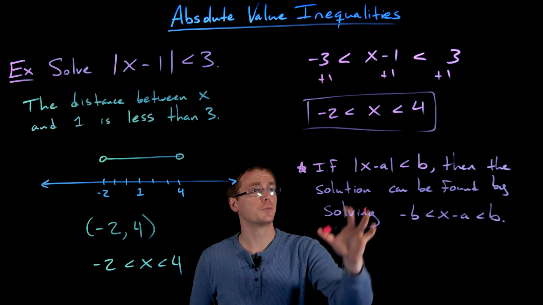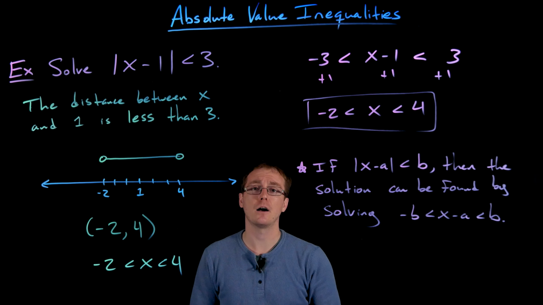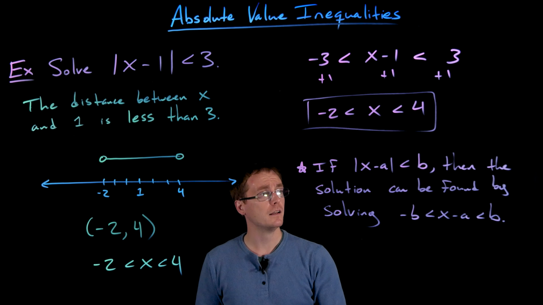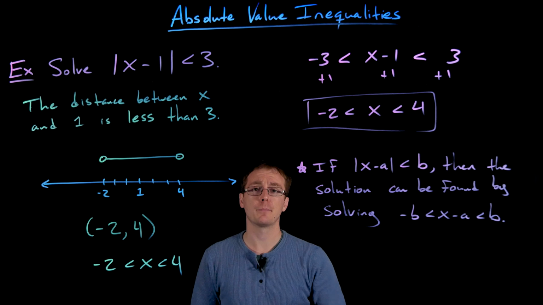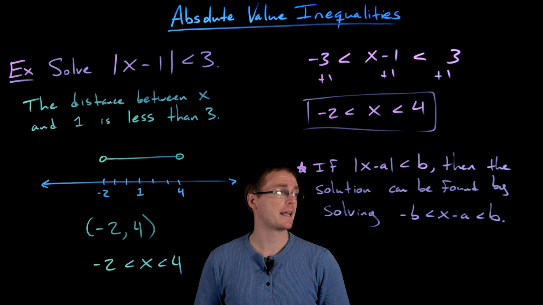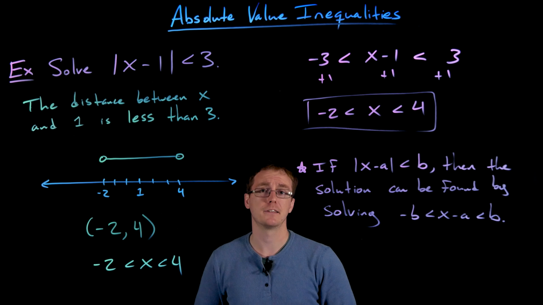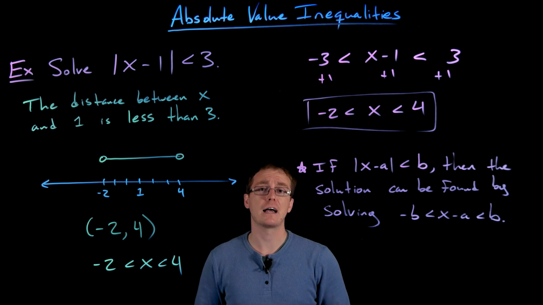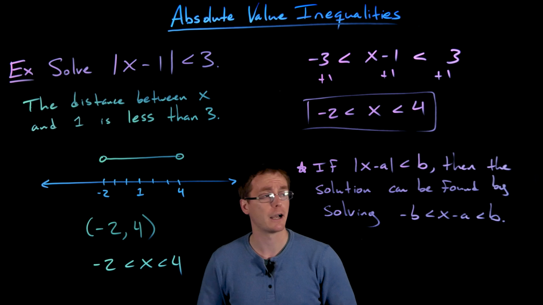And so in general, if we encounter something like the absolute value of x minus a is less than some other number b, then the solution can always be found by solving the compound inequality negative b is less than x minus a is less than b. And these are definitely the most popular or most common types of absolute value inequalities that you should encounter.